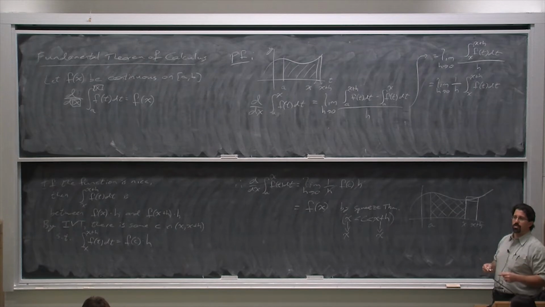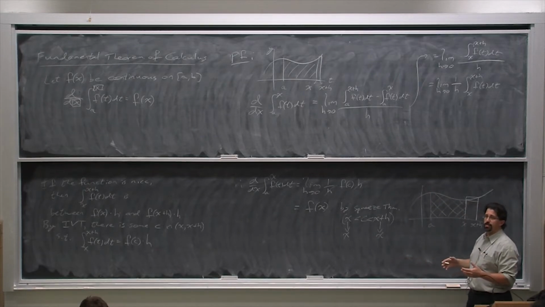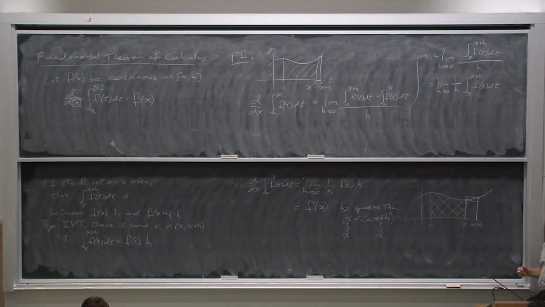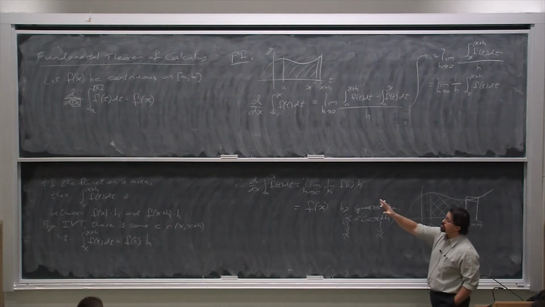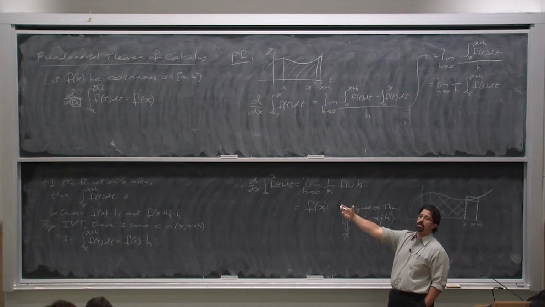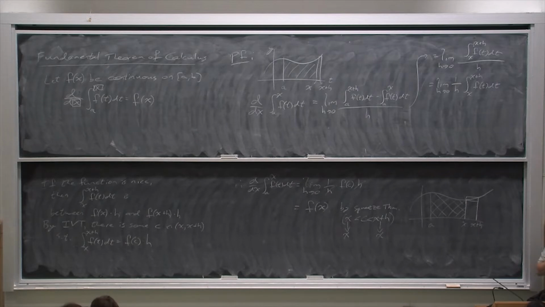So they're both going to the same point. And therefore, this value c has to follow with them. So the limit of x and the limit of x plus h are the same. Exactly, exactly. My function is continuous. Since it's continuous, I can bring the limit inside. No problem. Okay? Anything else?